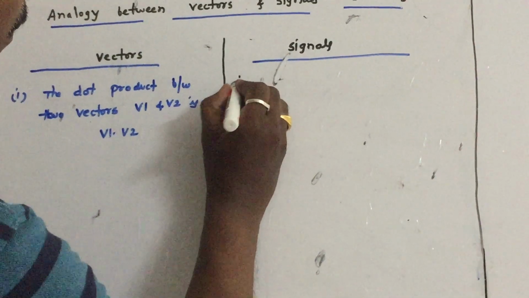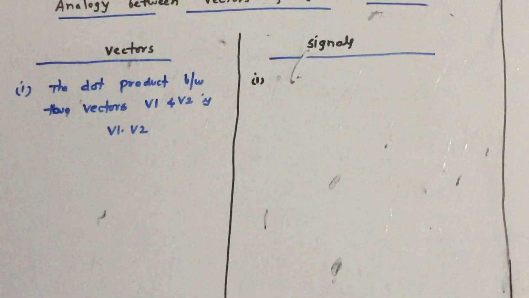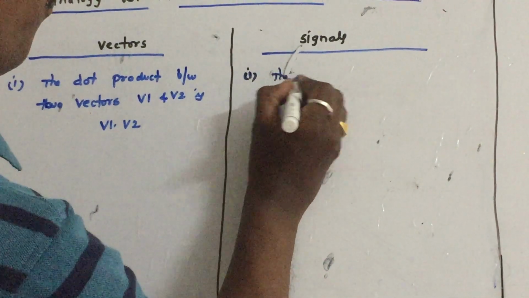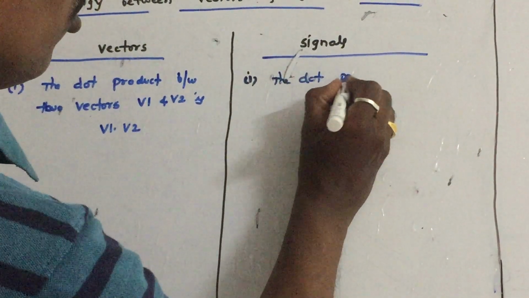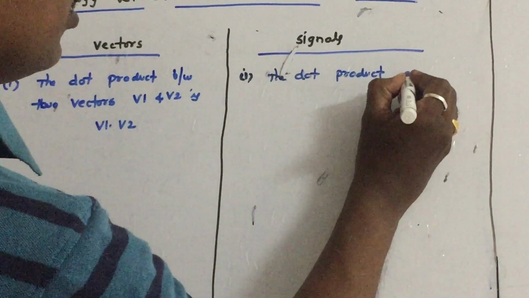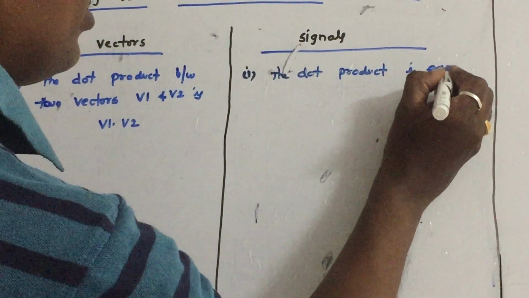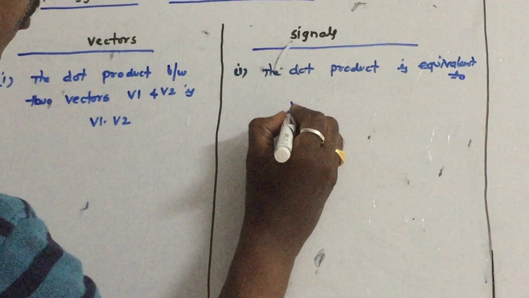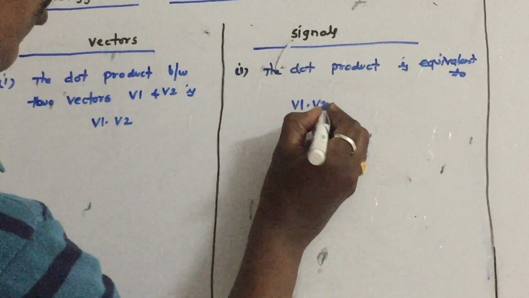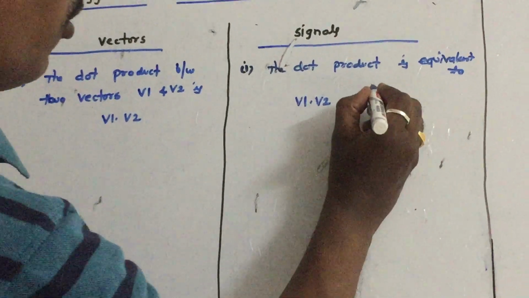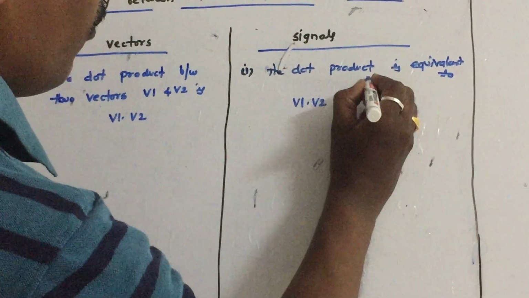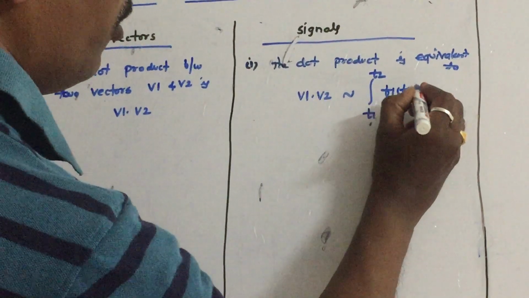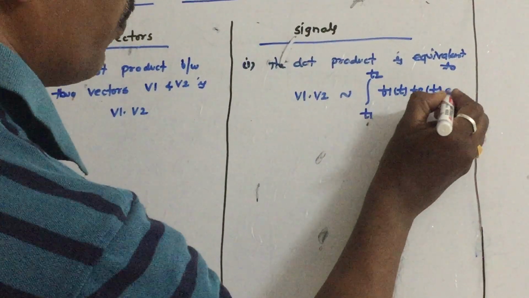Here, coming to signals, v1 dot v2 is equivalent to the integral from t1 to t2 of f1 of t into f2 of t dt.